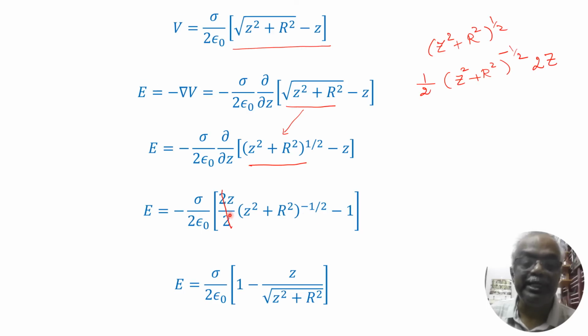Here there is a minus. You multiply the terms inside the bracket by minus 1, so this minus 1 becomes plus 1. Then this term is z divided by square root of z squared plus r squared, since it is to the power minus half.